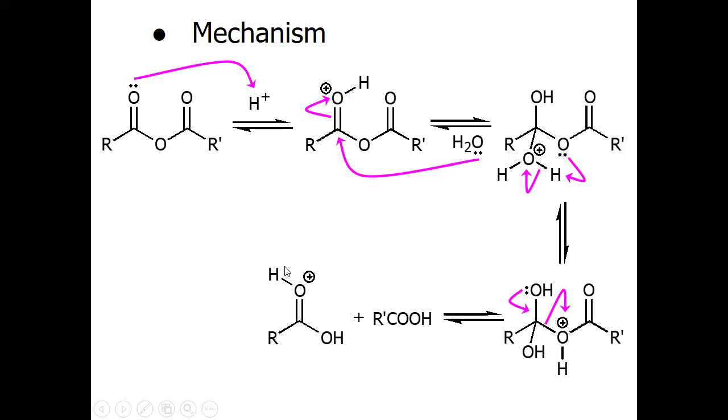Now this proton will be captured by the water molecule, because in this reaction we are using the acid as a catalyst, which will be regenerated, to ultimately afford the carboxylic acid. Now, this is the method by which esters could be converted into the corresponding carboxylic acid.